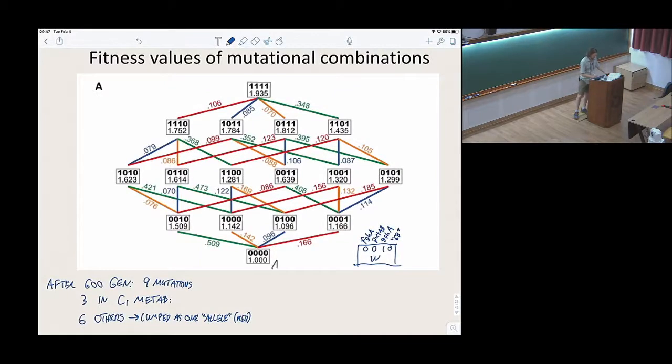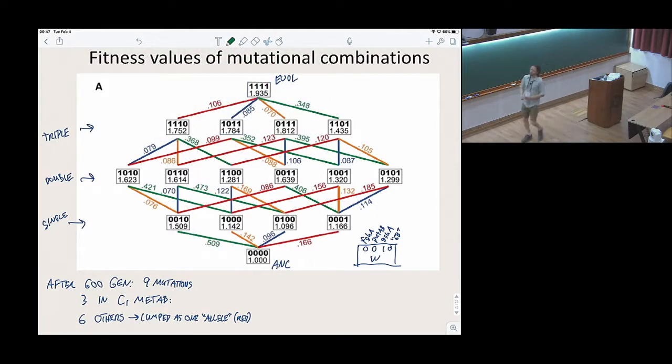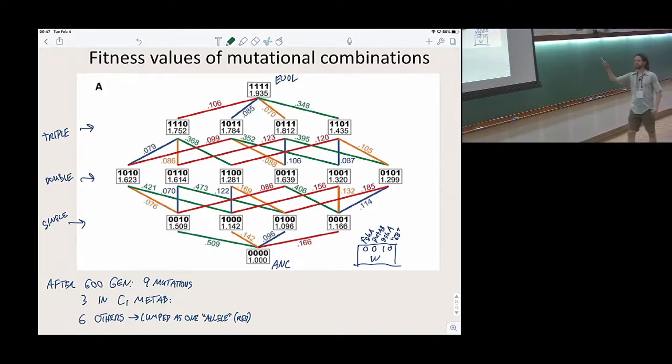You can see that it goes from the ancestral strain, all zeros, to the fully evolved strain, all ones, with each of these rows representing the single mutants, the double mutants, and the triple mutants. Right? Okay, and then we can take a look at each color. What I've done with each of the edges between these different nodes is show the selective effect of that allele on that background.